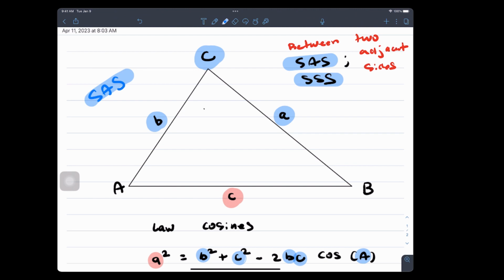Okay, ladies and gentlemen, let me show you guys how to use this as an example. These are your law of cosines formulas here.